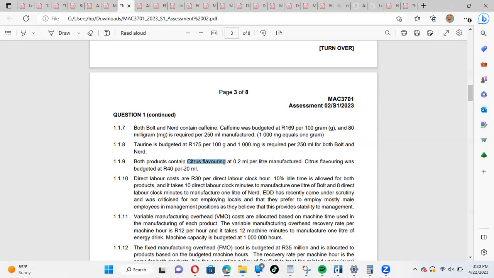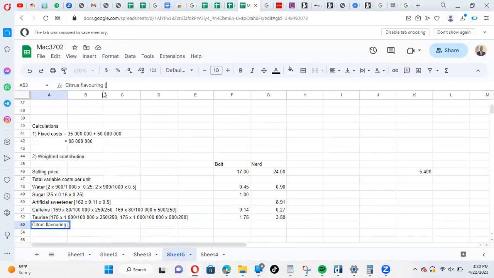So I think one way we can calculate this one is, our per liter is 0.2 mils. So let's deal with them in mils. So per liter it's 0.2, but we are not dealing with the liter now, we are dealing with 0.25.